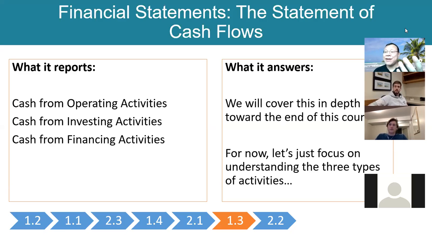Think about the elephant. That's a very, very big animal. You can think of that as a big firm. If the elephant does not have cash, it's just like an animal without blood circulating. It doesn't matter how big you are.